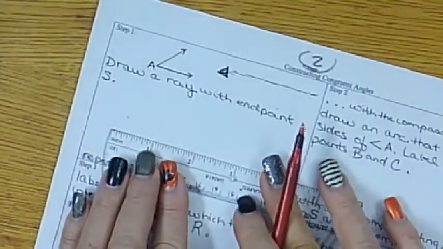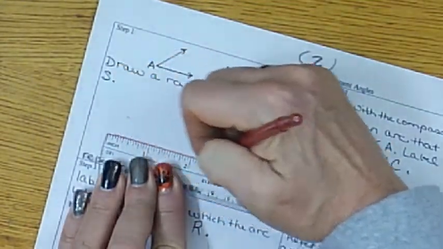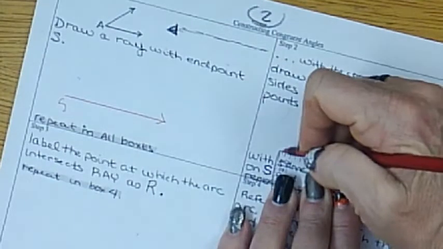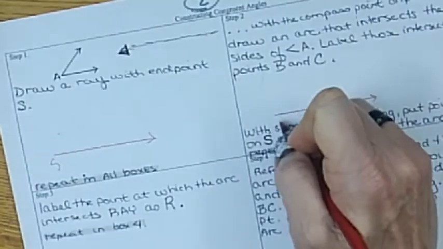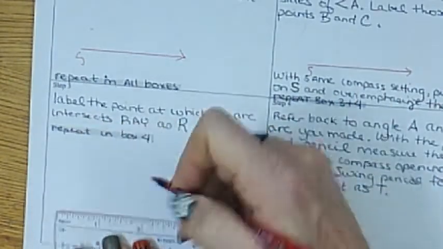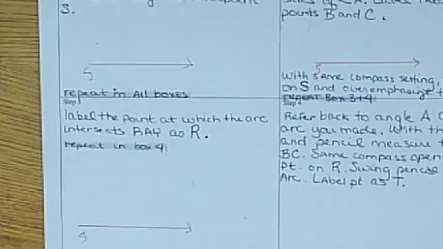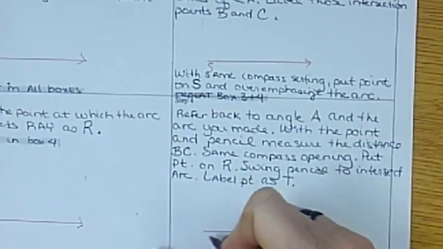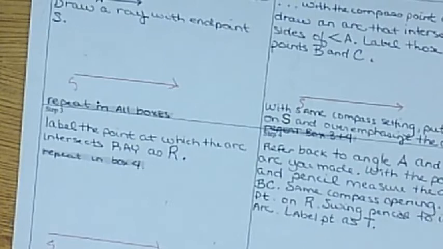So draw a ray with an endpoint of S, and repeat it in all 4 boxes. Okay, we're good? So our first step in making an angle is to draw a ray.